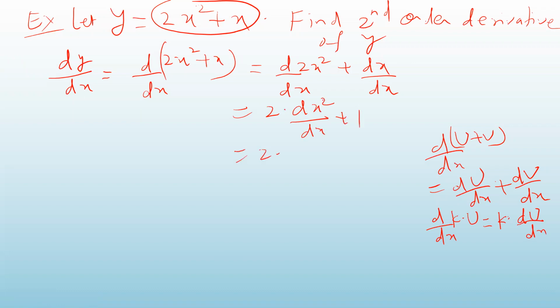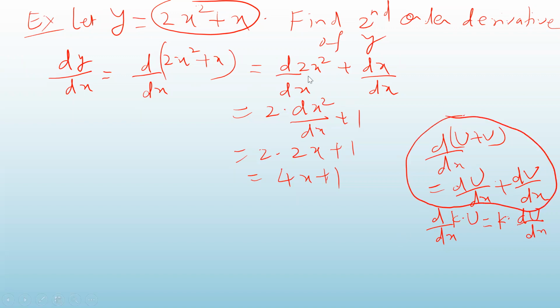What is derivative of x square? It is 2x. So you will get 4x plus 1. Okay. Once again, what is derivative of y? Y means 2x square plus x. So that is derivative of 2x square plus derivative of x. I am applying this rule, derivative of the sum.